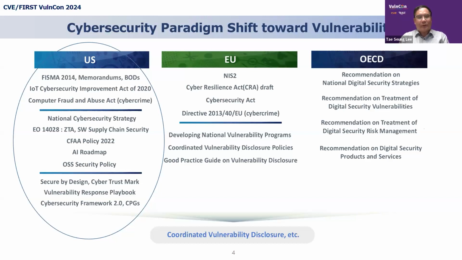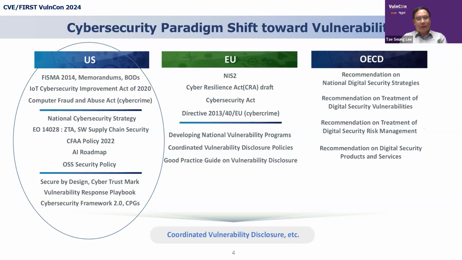Regarding US cybersecurity laws, cybersecurity vulnerability response is based on Federal Information Security Modernization Act of 2014. The act requires federal agencies to implement coordinated vulnerability disclosure and take measures on high-risk vulnerability.